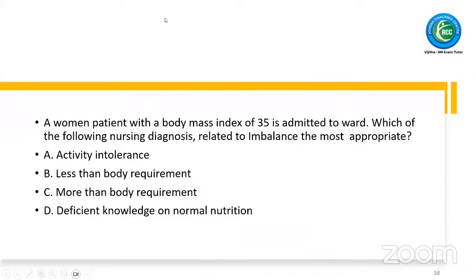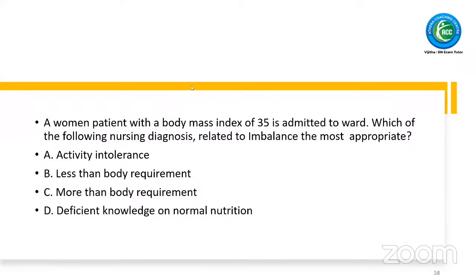Okay, this is another question. A woman patient with a body mass index of 35 is admitted. Which of the following nursing diagnoses related to imbalance is the most appropriate? So what is the BMI here? It is 35.